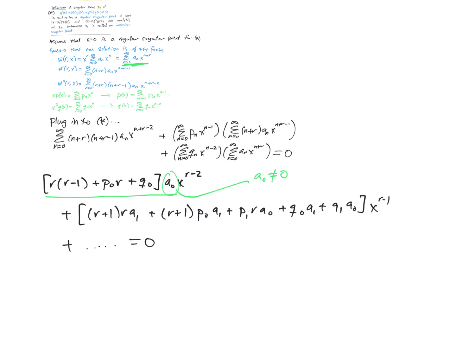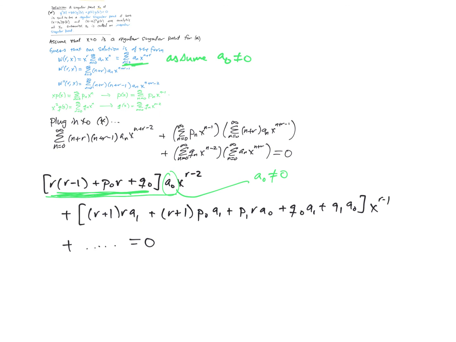Back when we did that, if it was 0, then we would just shift r up, and we want our guess to start with a non-zero number, otherwise we could just change that. So really up here was where we were making the assumption that the first term is non-zero, okay? So that gives us that in order for this solution to work, we're going to have this quantity in brackets here equal to 0.